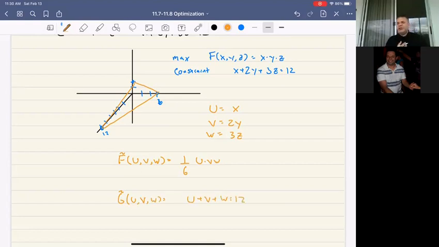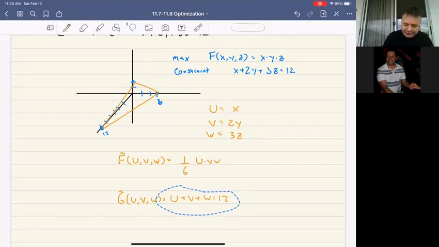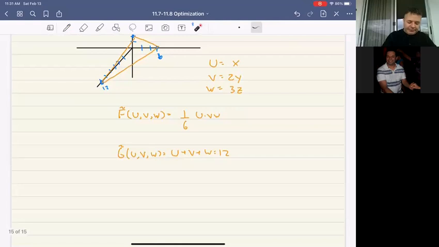Now we still should walk through it just in case anything unexpected happens as far as doing the Lagrange multipliers here. But we have an expectation. Our expectation is that u, v, and w should all equal 4. Okay? Let's walk through that.